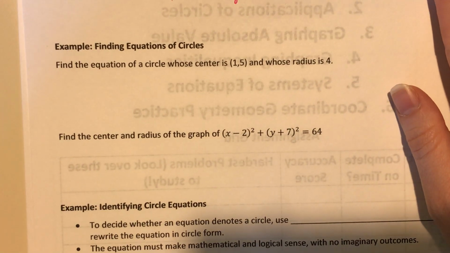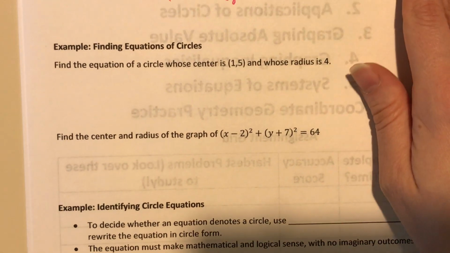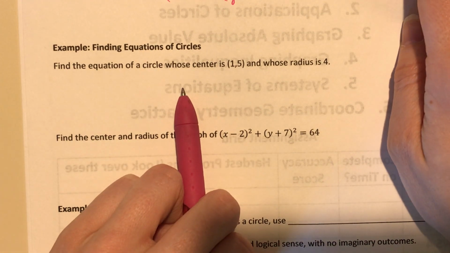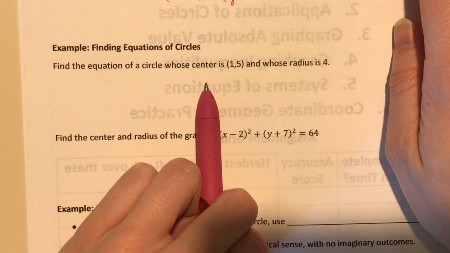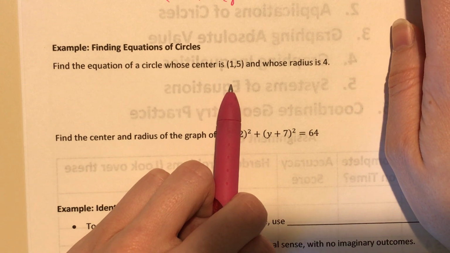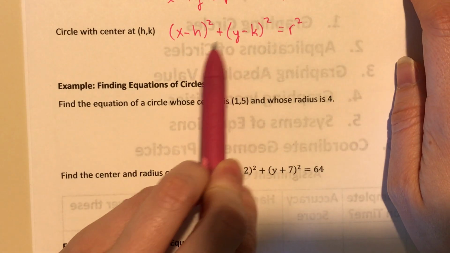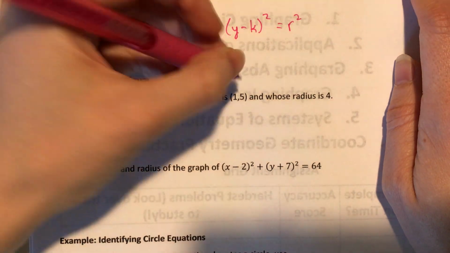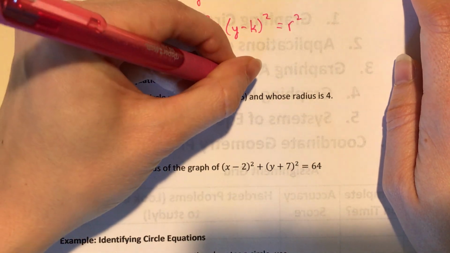So here are some examples about finding equations of circles. This one's really straightforward. Find the equation of a circle whose center is 1, 5, and whose radius is 4. So all we need to do is we're going to use this circle equation from hk, and we have our hk. It's 1 is h, 5 is k.